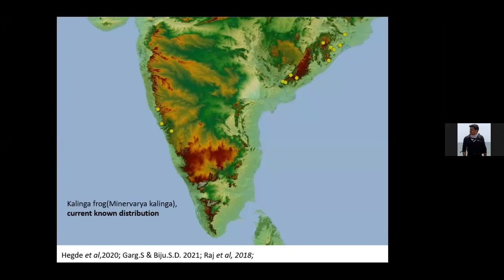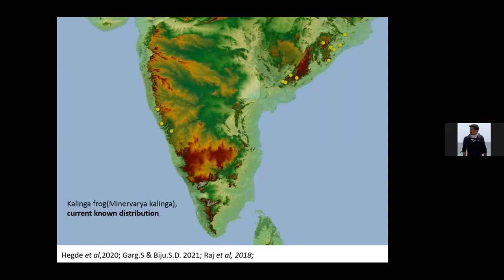So now we know that Minervaria kalinga is found in the Eastern Ghats and Western Ghats, but we don't know the connection. Whether it is a continuous distribution or a disjunct or discontinuous distribution, right?